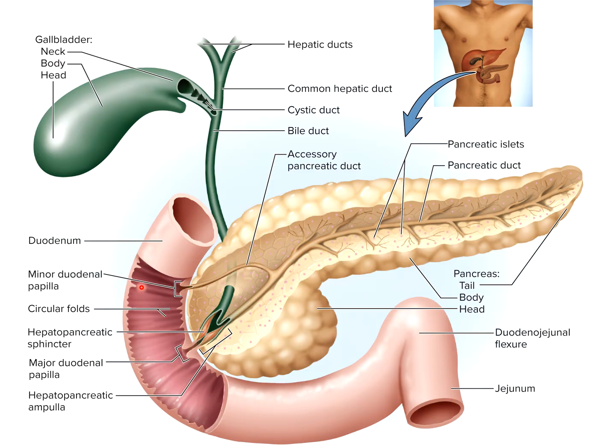And then you can see that this section of the duodenum is fairly short and it wraps around the head of that pancreas, and then it does a sharp turn at that duodenojejunal flexure, and then it's going to become the jejunum.